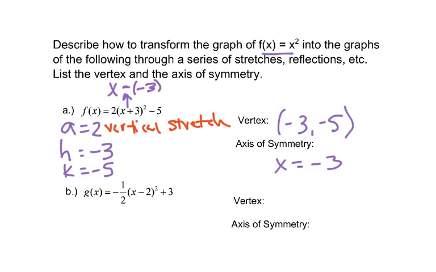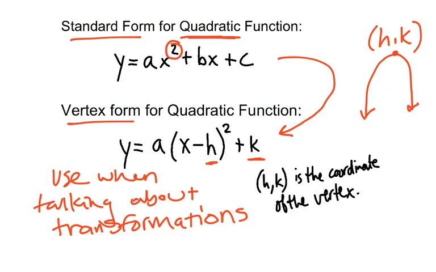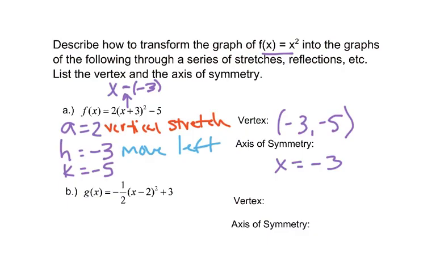Because it's a negative here, we're talking about moving left. What color was that? Blue. So we're talking about moving left. And then this bottom one here, the k value is talking about moving down. And of course it is by a factor of this actual number, so we're moving left 3 units, moving down 5 units, and vertically stretching by a factor of 2.